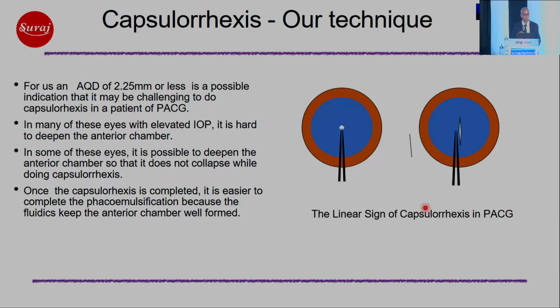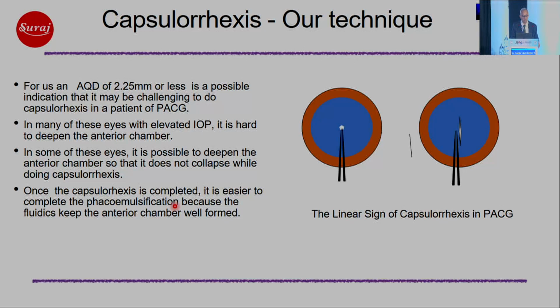When you put in the capsulorhexis forceps and puncture just the center and the chamber doesn't collapse, that is already an indication that things are going to be all right. When the chamber shallows, then the arms of the capsulorhexis forceps tend to press on the capsule and you may get a linear tear, and you should be very cautious about that. That's not at all an indication that you'll be able to complete capsulorhexis safely in such a patient.